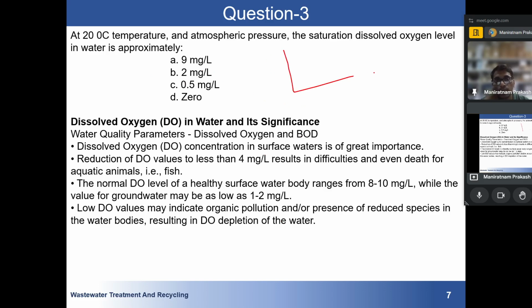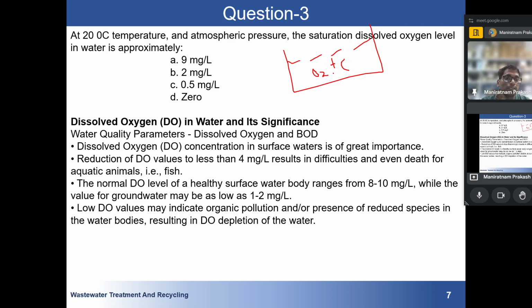So now if you collect wastewater, obviously we have seen in the first class that this wastewater will contain some kind of organic matter. So what will happen? The oxygen which was initially present here will get consumed in the degradation of organic matter which is present here.